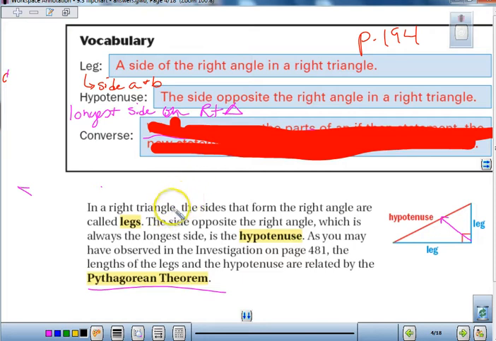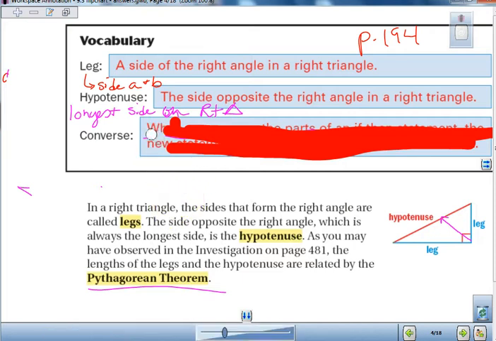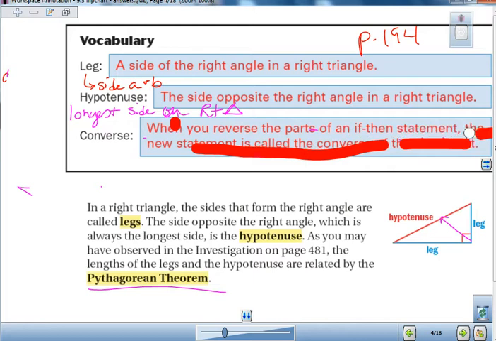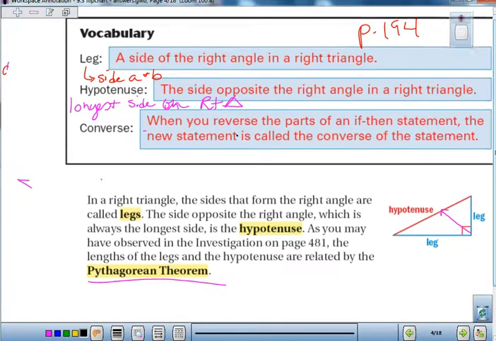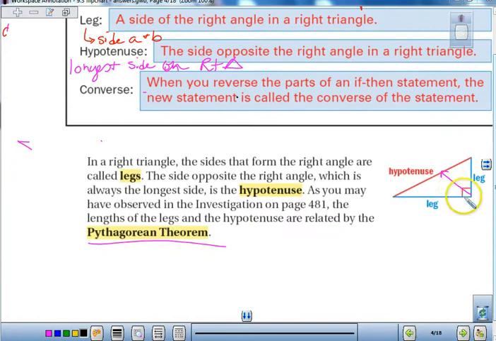We are going to be looking at the converse, and the converse just says that when you reverse the parts in this statement, then you get a new statement. So that's what a converse is. You don't have to write that down, but I do want you to take a look at this picture. The hypotenuse, if it helps you, is always directly across from the right angle, and the legs are adjacent, so they're right next to it.